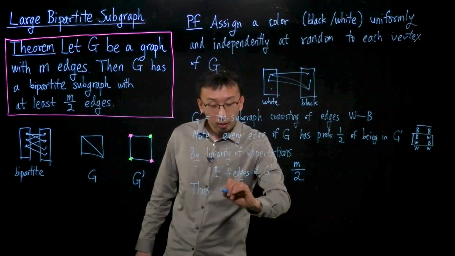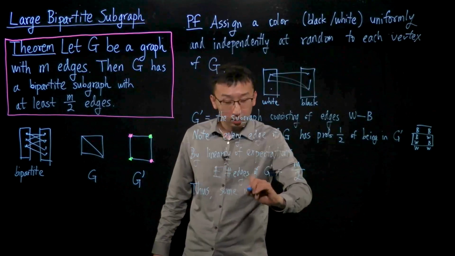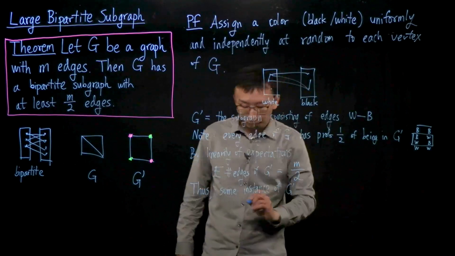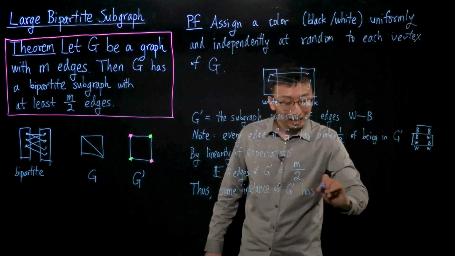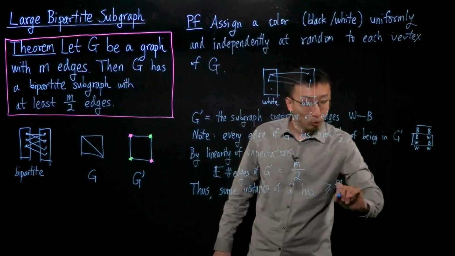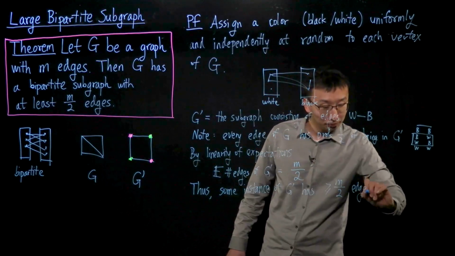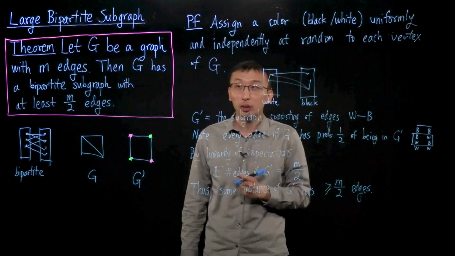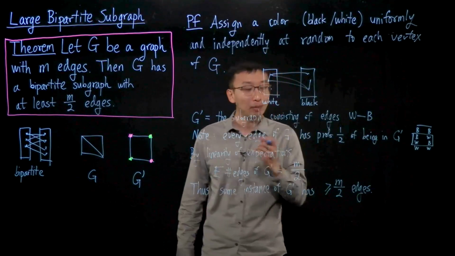Thus, some instance of G prime has at least m/2 edges. Right? If on average we get m/2 edges, then there must be some instance with at least m/2 edges.